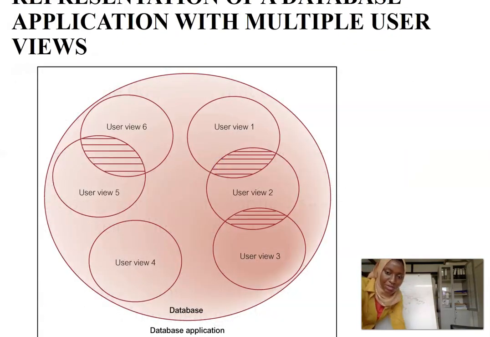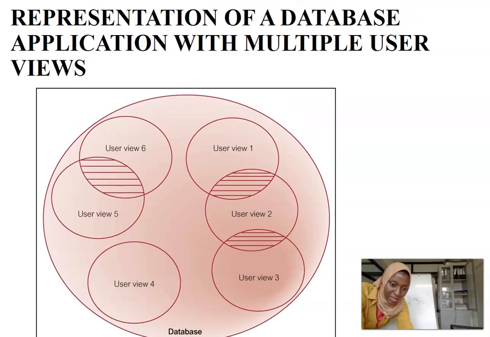So this is a representation of a database application with multiple user views. What you see there is a database application, where user view one could be either a job role or a department within an organization.